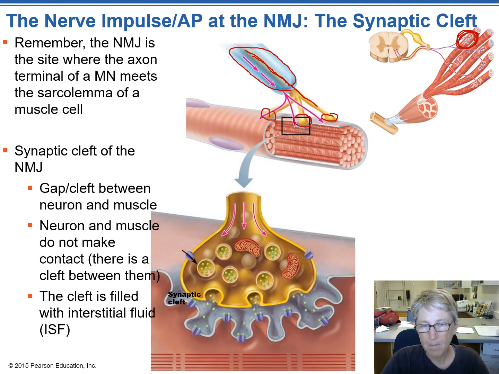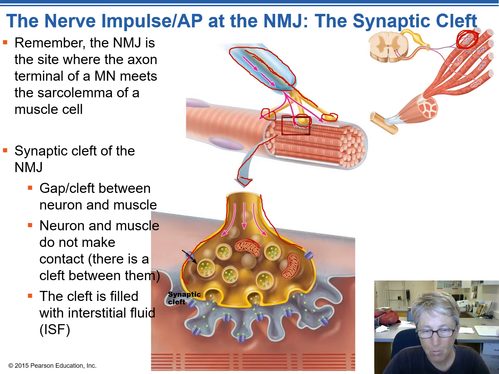And then you can see they take this black rectangle cut and they bring the arrow down here to show more detail of the neuromuscular junction. So this yellow thing is the axon terminal of the motor neuron's axon, and this is all the stuff inside.